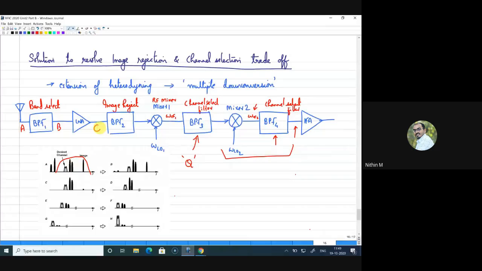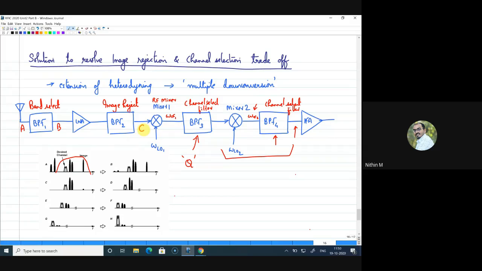So after the LNA, your signal will be a little amplified, and then after the first image reject filter, images can be rejected, and so this is point D. Right. So point D is after you have, all right, probably this is not shown.